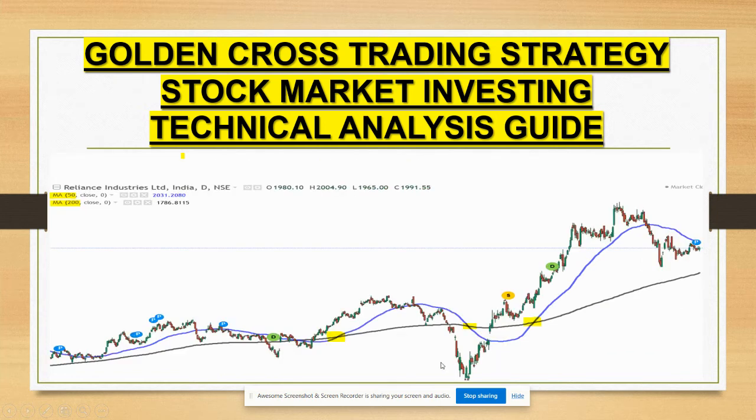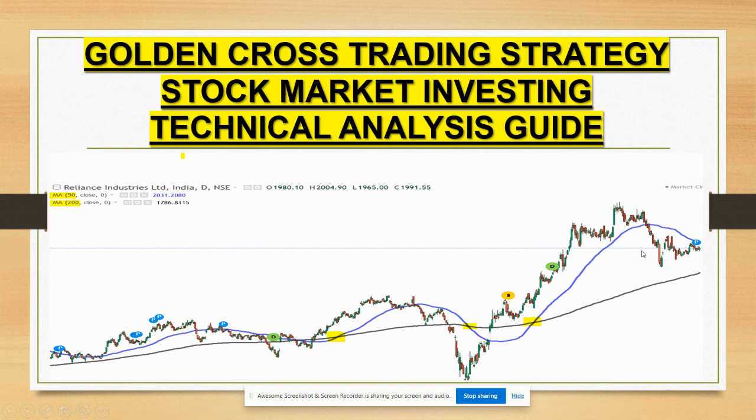Now, this is another example of Reliance Industries where the golden crossover is taken here. Okay, then again it takes support at the 200-day moving average, again a resistance here, then moves down, again goes to a crossover here, then it never comes back to the original price where the crossover was done.